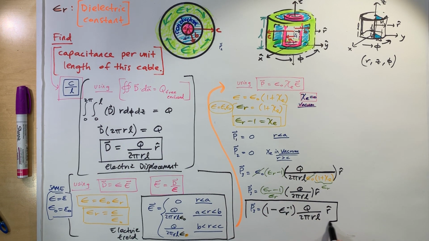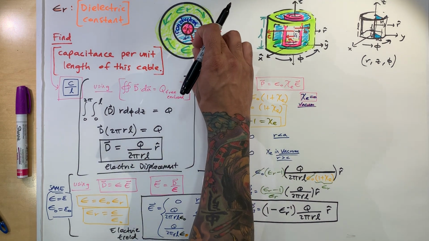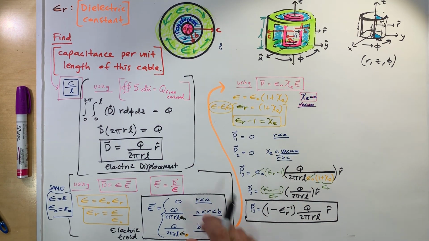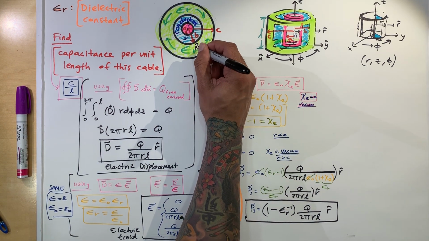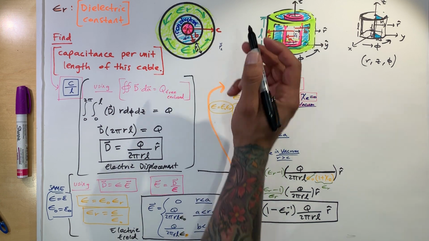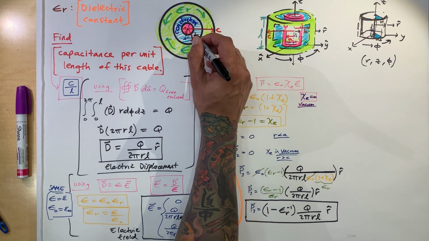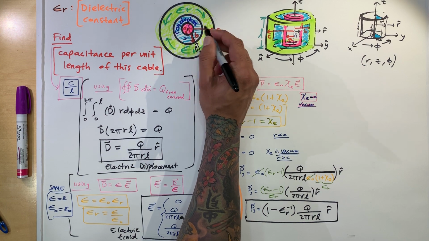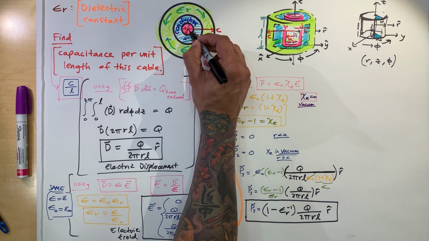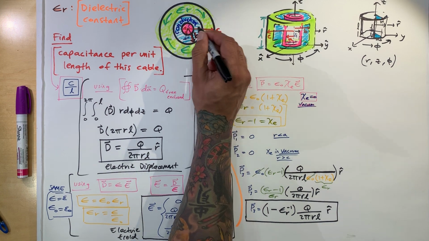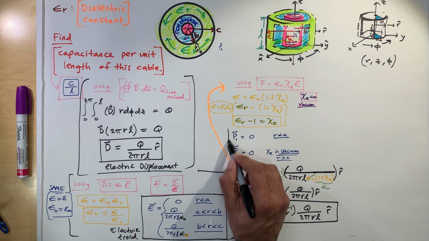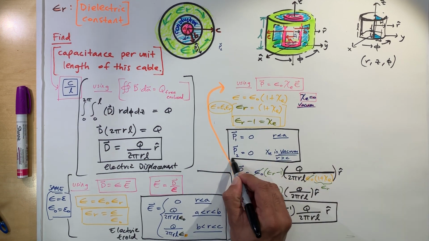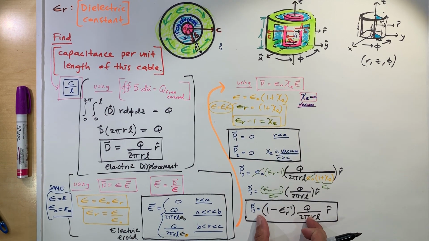So this is the polarization in region 3, which is between B and C. So right here. And over here is the region to B. And here is C, just to make it clear. Then we got these two also that were 0. So that's it for polarization.